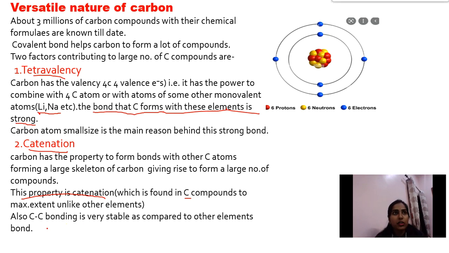Catenation is found in silicon also, but it is not enough to produce a large number of silicon compounds, and also these silicon compounds are not very stable as compared to the carbon compounds, because in carbon compounds the carbon-carbon bonding is very stable.